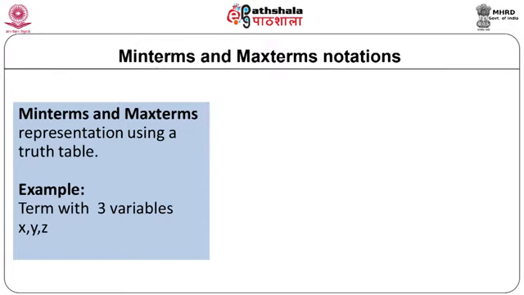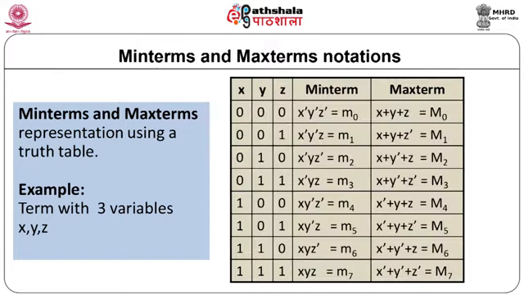For example, a function of 3 variables can have a total of 8 min terms, which are shown in the truth table. The first 3 columns represent the binary values for the variables x, y, z, and the corresponding min term is represented in the 4th column and the max term in the 5th column.